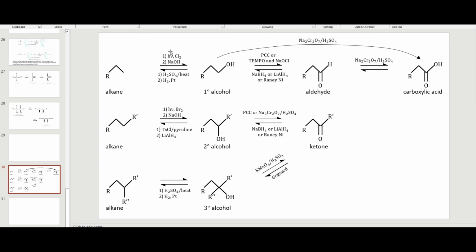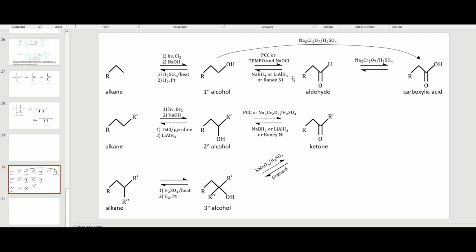If we have an alkane, we can do radical halogenation. Then we could do some kind of, say, SN2 reaction with an NaOH to replace the chlorine on it with an alcohol group. And we just saw here, this is the reduction of our alcohol back to an alkane. If we want to oxidize our primary alcohol into an aldehyde, we could use something like PCC or the TEMPO and sodium hypochlorite here.